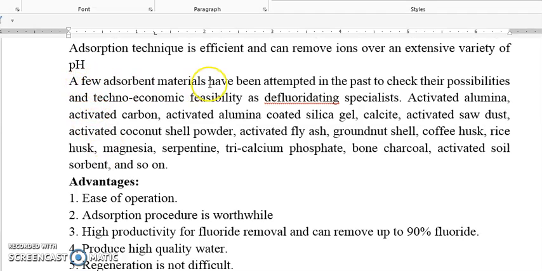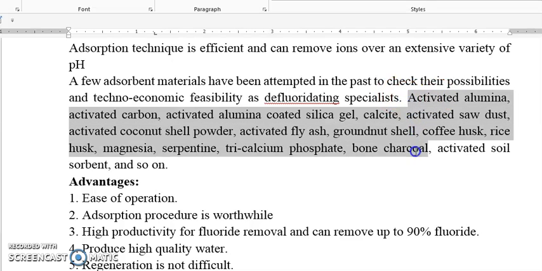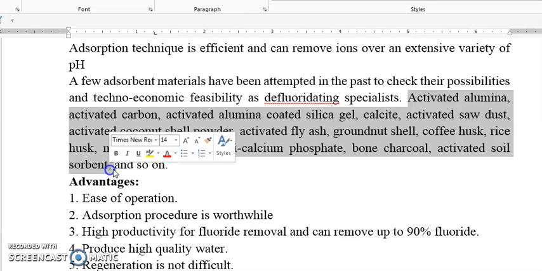Now, a few adsorbent materials have been tried in the past to check their possibilities and techno-economic feasibility as a defluoridating agent, right? So different materials have been tried as an adsorbent for the removal of fluoride from the water, and some of them are, you can see here, a variety of adsorbents can be used.